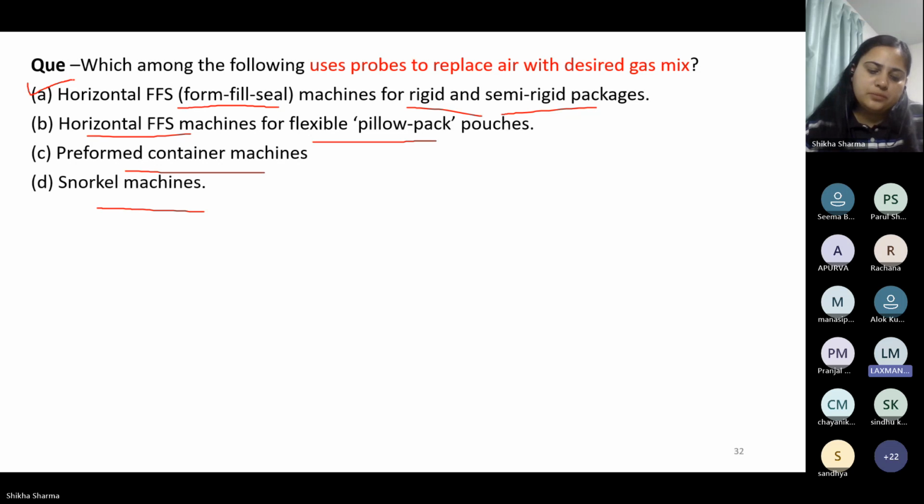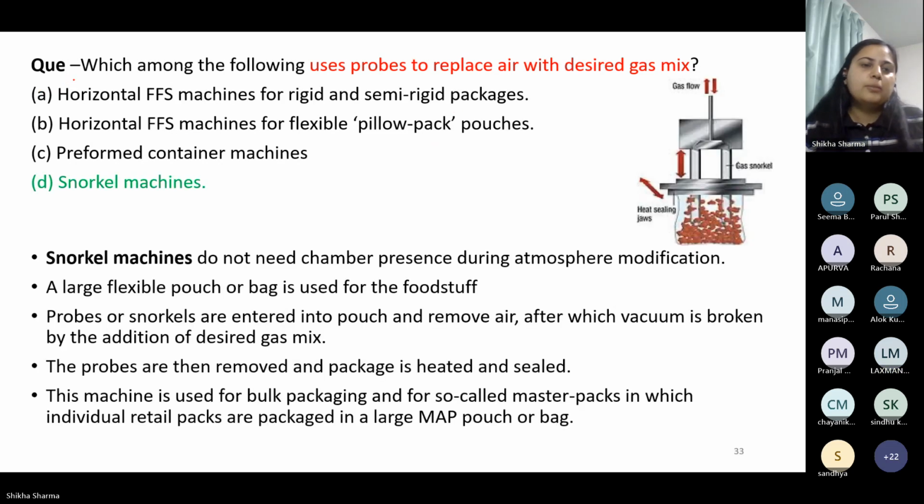Option A, madam. Correct, option A, but answer D is correct. Let's understand why A is not correct and D is correct.